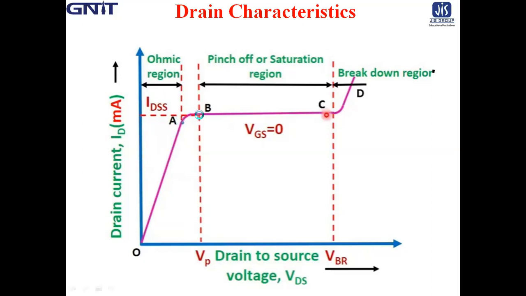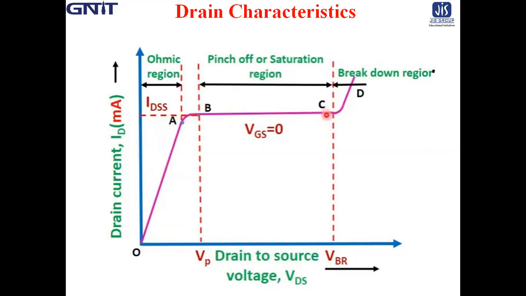Next is the region AB, which is non-linear, and in this region the drain current increases at a slower rate than that in the ohmic region. The increase of drain current with VDS in this region follows an inverse square law rate. With the increase of VDS, the reverse bias at the gate to source junction increases.